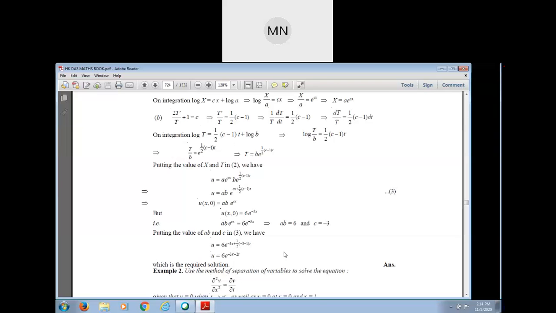Ma'am, this type of question carries how many marks? This time, this type of question carries 6 marks. Last year I also gave this type of question, because long type questions are also there.